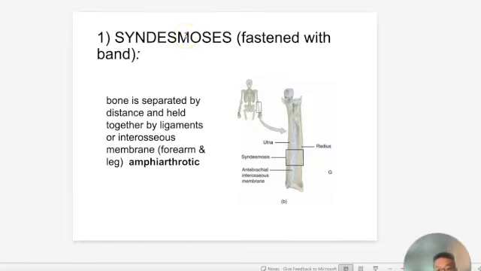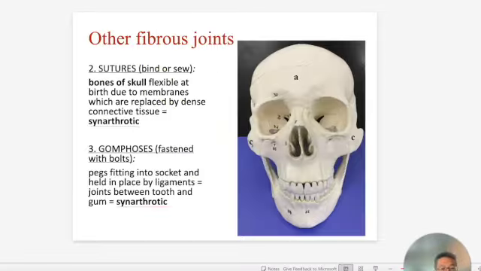Again, here's a syndesmosis joint. Sutures, we've seen sutures in the skull. The bones of the skull are called synarthrosis because they're not movable. Gomphosis are also synarthrosis.